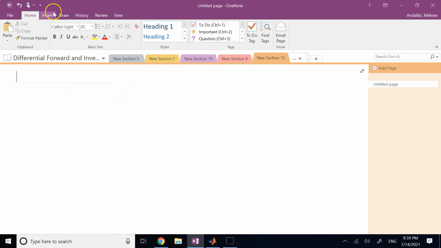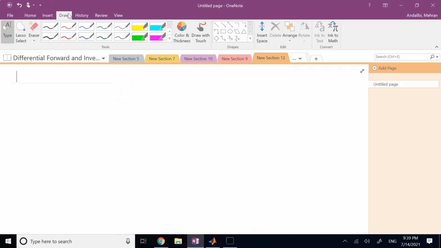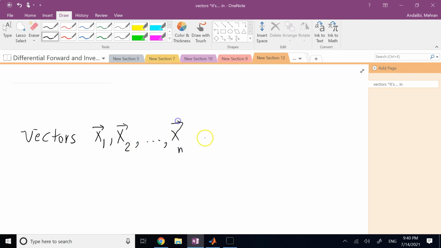So what's the meaning of linearly independent? When is it that I can say that vectors x1 and x2 and all the way to xn are linearly independent?